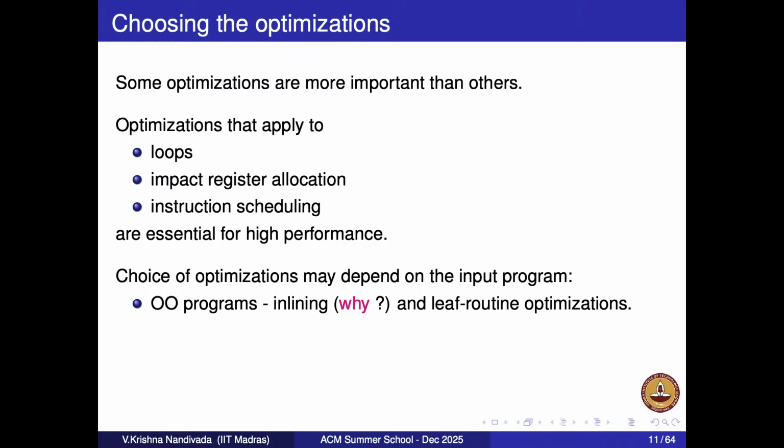If I'm doing some work, I make a call, do some work and then come back. But if the work is very small, if I inline, I probably won't increase the code size. Let's say it's a getter.